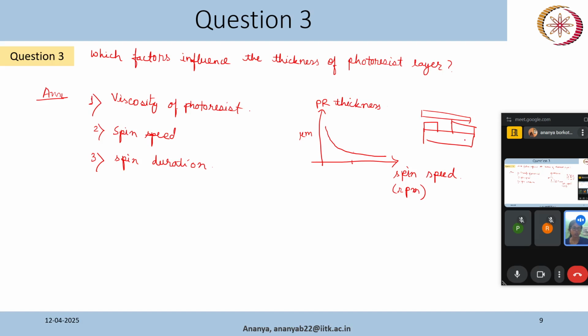So we often use a very thin photoresist layer that can give us fine features. The contact will be proper with the mask, and whatever features we have on the mask will be transferred to the photoresist layer. Okay. So these are the things that we have studied.